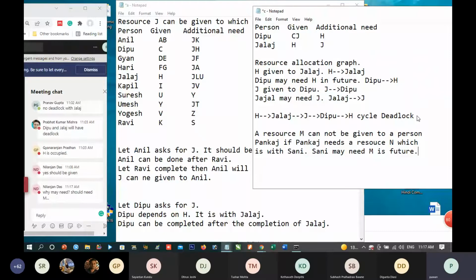Not should need means he immediately needs. So may need means in future he may need it. Is it correct? Yes. Okay. At present he doesn't need it, but he may need it in future. Nilanjan, is it satisfactory? Any doubt?